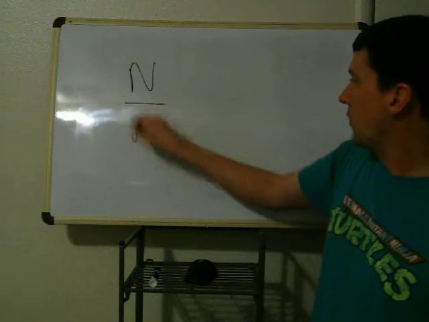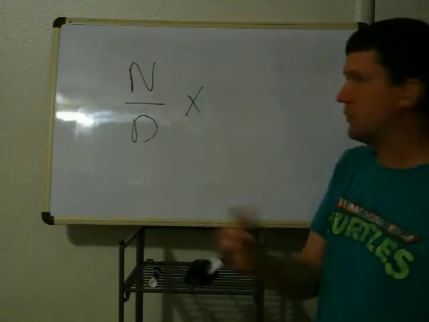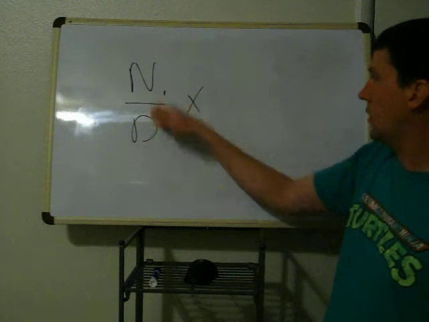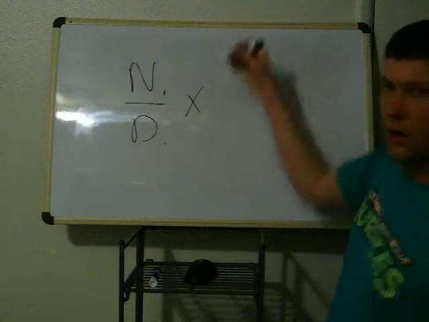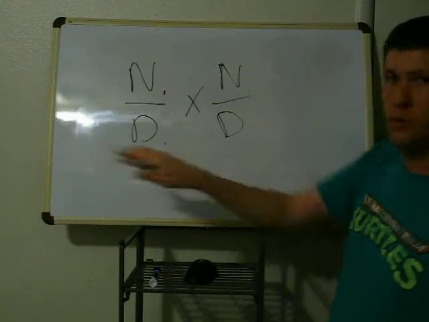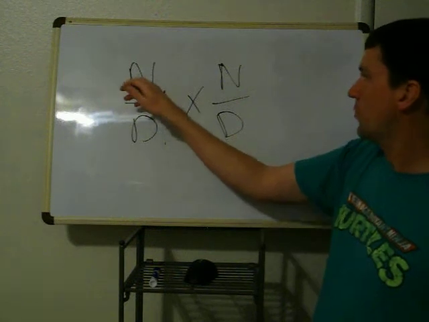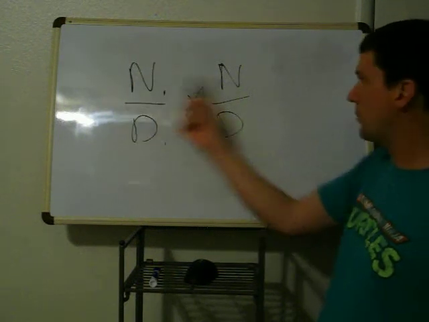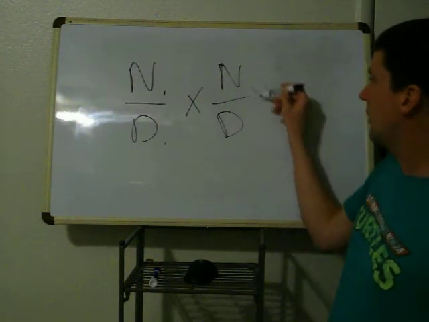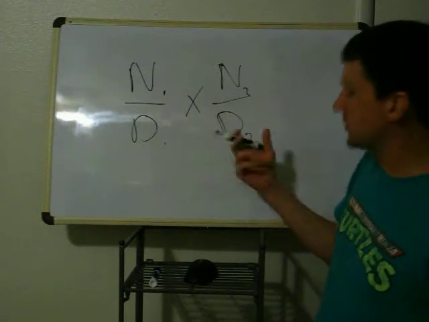We have our numerator with our denominator, and if we're multiplying by another numerator and another denominator, we just multiply across for both sides. So we multiply our first numerator by our second numerator, and then we do the same thing with our two denominators.